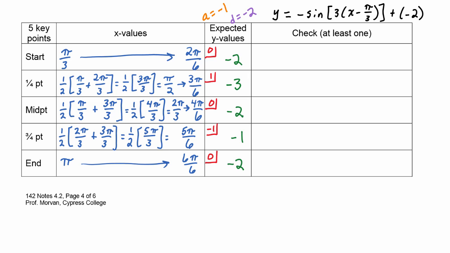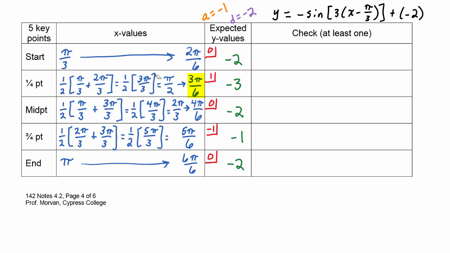We're ready now to check our values, and I'll check both of these just in case whichever one you checked, you'll be able to look at the work for it. So if we check the quarter point here, we can plug in 3 pi over 6, or we can plug in pi over 2. It doesn't matter which version.